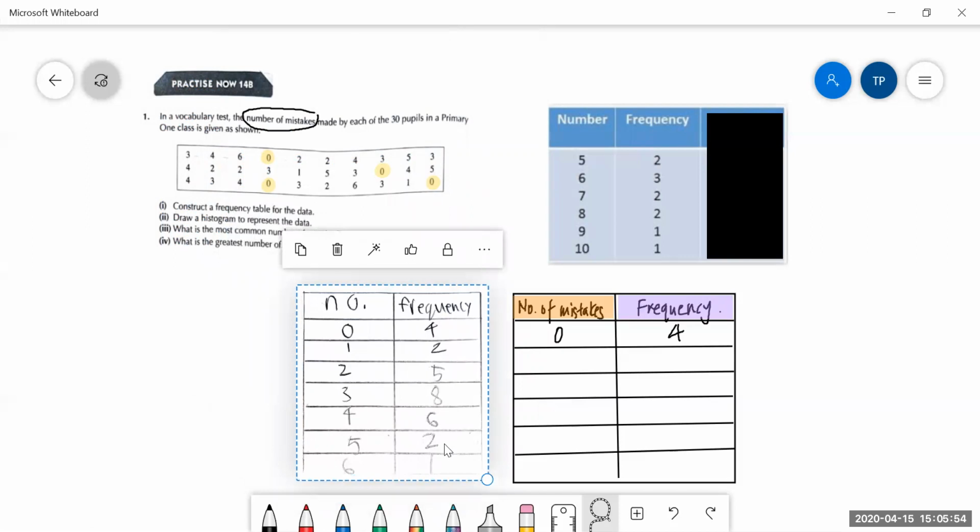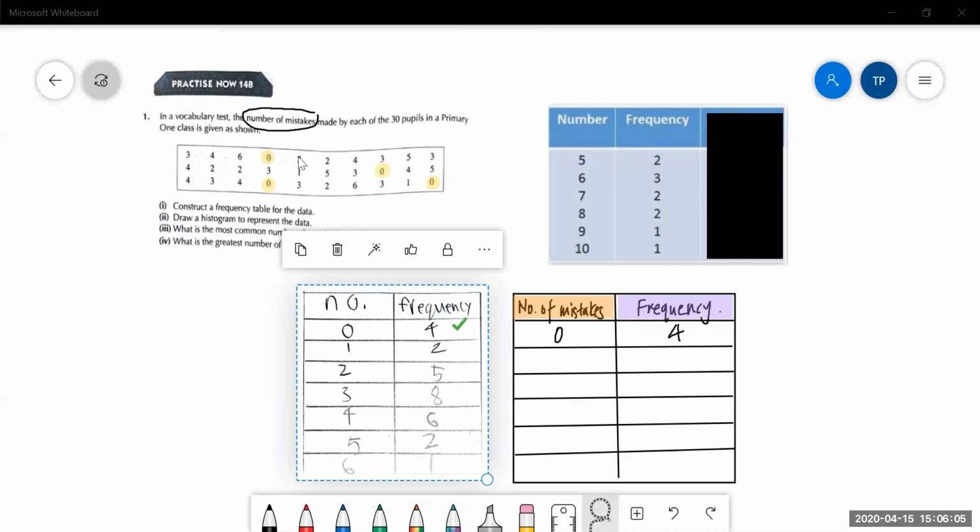Okay, let's check. How many zeros are there? There are 4 zeros. How many ones are there? We have 1, 2. Correct. How many twos are there?